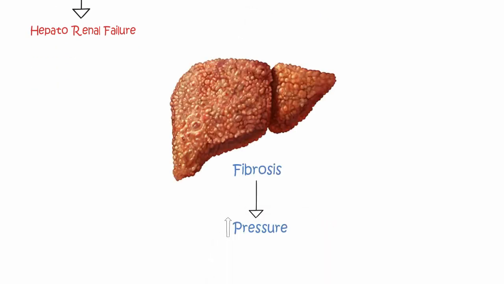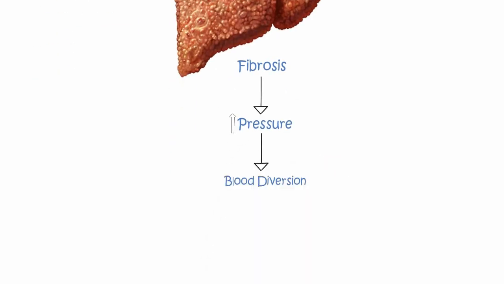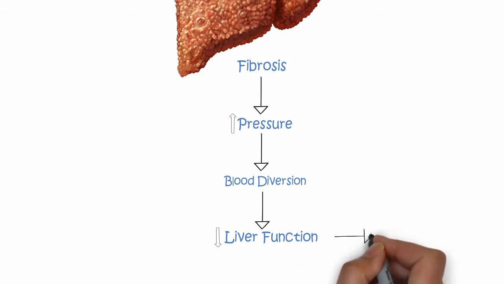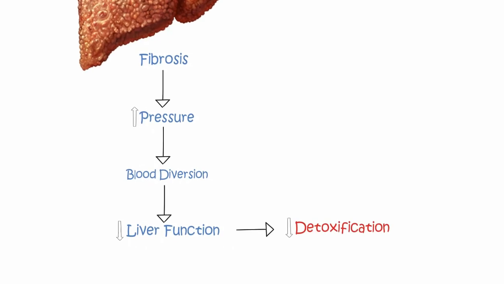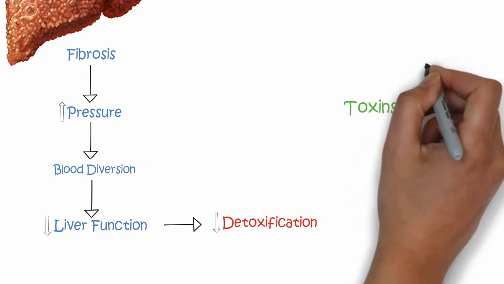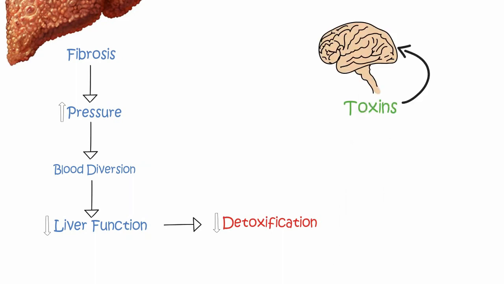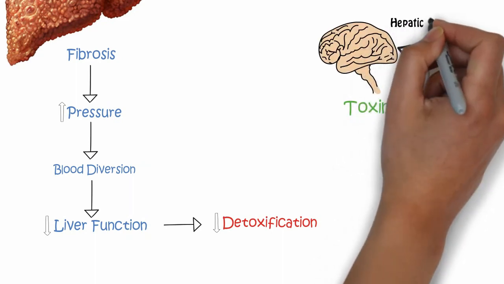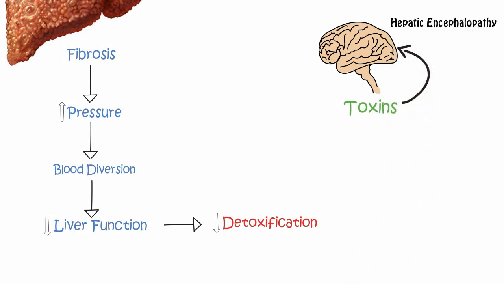Pressure buildup and diversion of blood essentially reduces the functionality of the sinusoidal vein and a number of portal triads in general. As there is lesser functionality of the liver, it fails to do its job like detoxification of blood. The toxins then accumulate in brain tissue and cause mental deficiency known as hepatic encephalopathy.